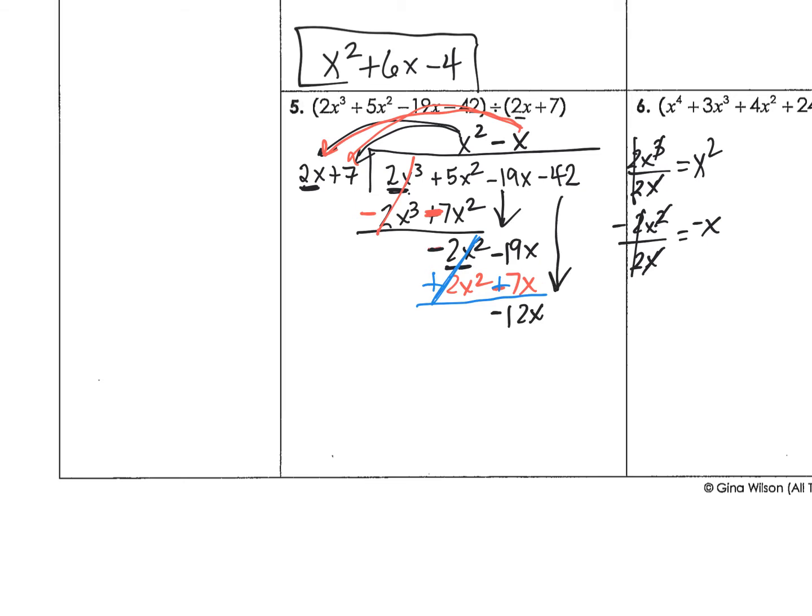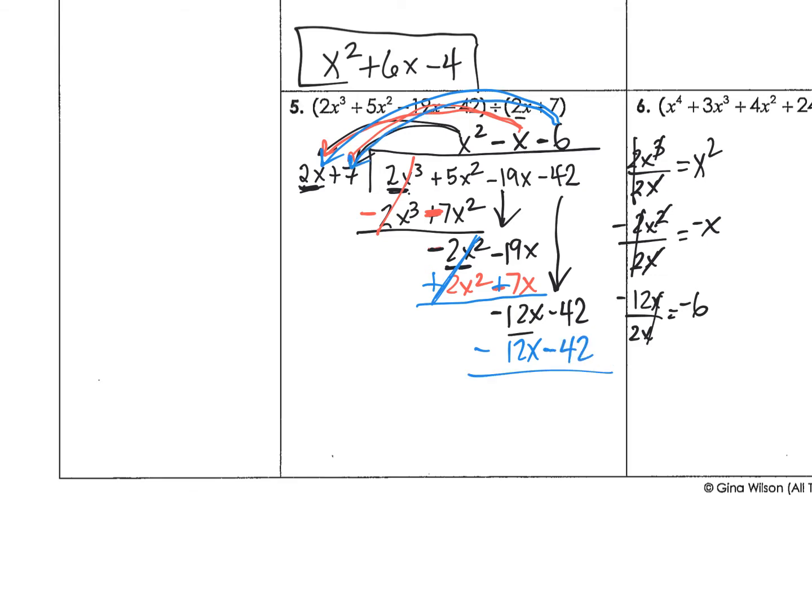And we bring down negative 42. Last one, this and this. So negative 12x divided by 2x is negative 6, so minus 6. And now we're going to multiply negative 6 times 2x, and we get negative 12x. And negative 6 times 7, negative 42.